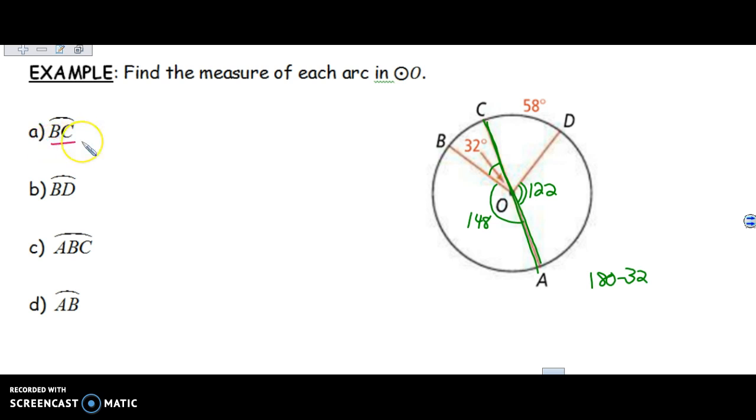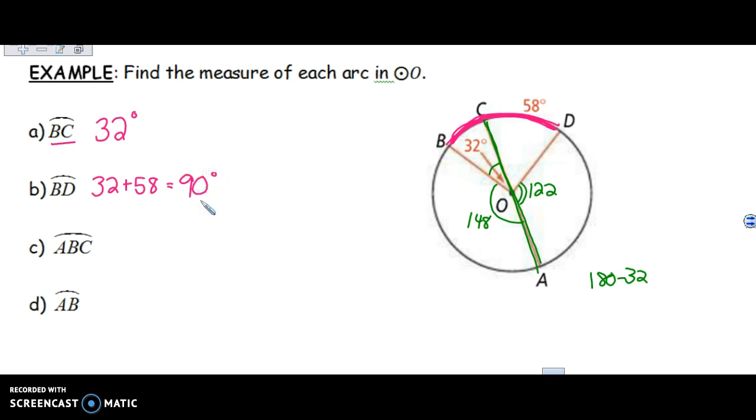So for the first one here, I want to find the measure of arc BC. Well, they already gave us that one, so that one's easy. That one's just 32 degrees. The next one is BD. Well, we know that BC is 32, and we know that CD is 58. So if we take the 32 plus the 58, we would get 90 degrees.